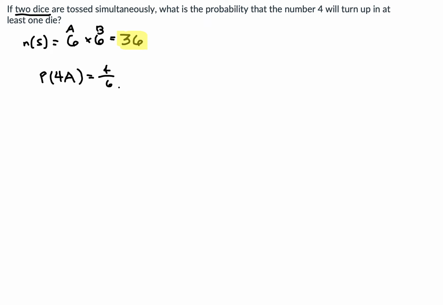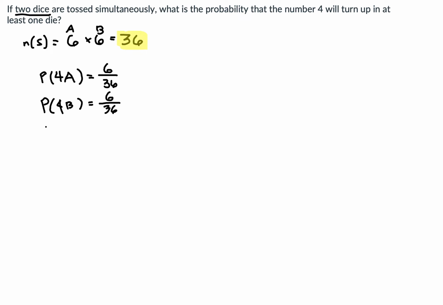Sorry, there is only one 4 in the die, so rather, there are six outcomes with a 4 in A, all over 36 overall in the two dice. And we have six outcomes with a 4 in B, all over 36, in the two dice.